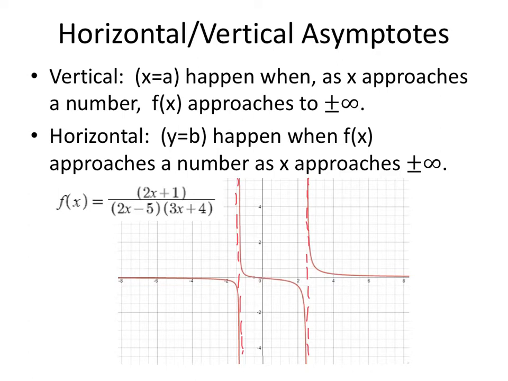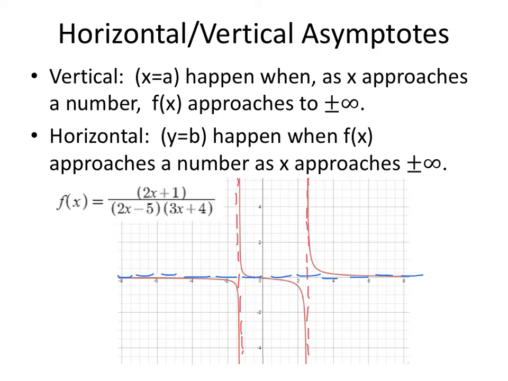Now, horizontal asymptotes, like this one here, just roughly sketching this in, happen when the value of a function approaches a certain number as x either goes to positive or negative infinity. So as x goes to negative infinity here, the value of my function approaches 0. Same with positive infinity. The value of my function still approaches 0.